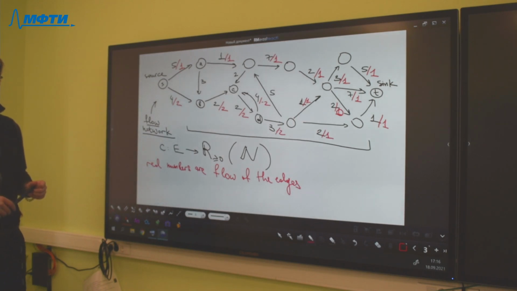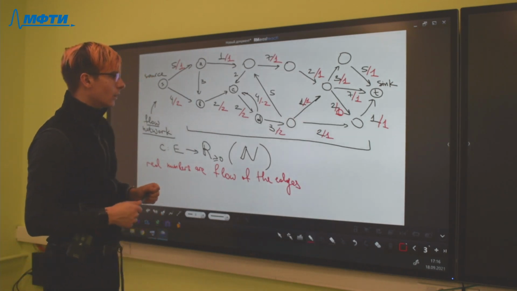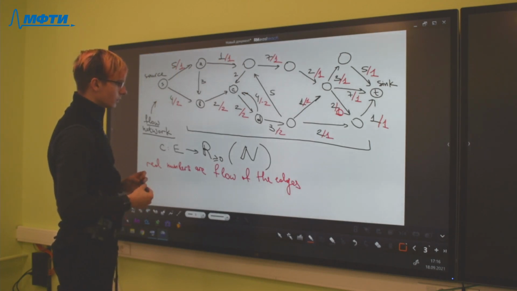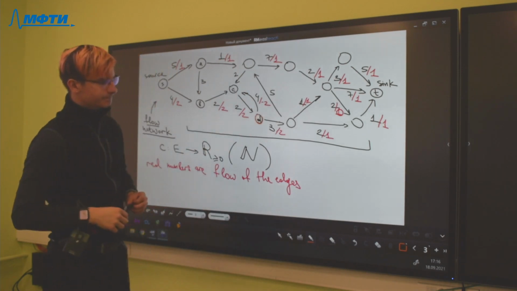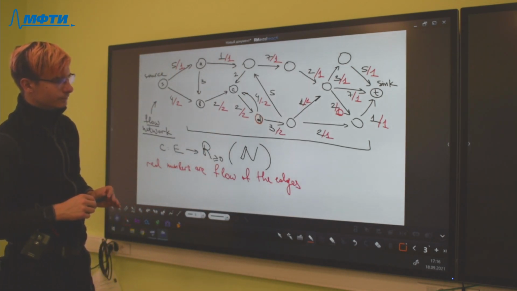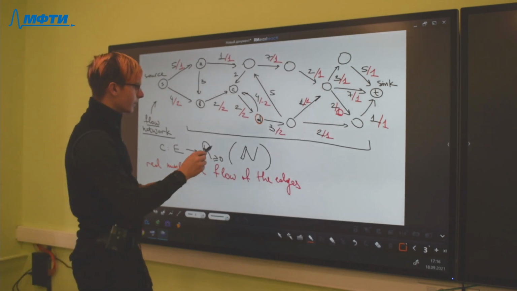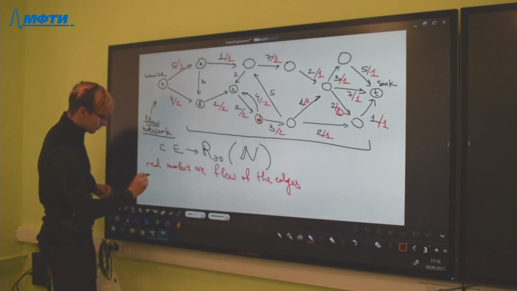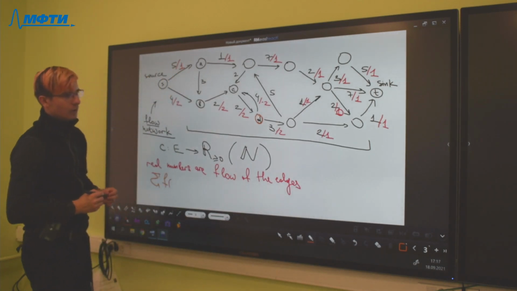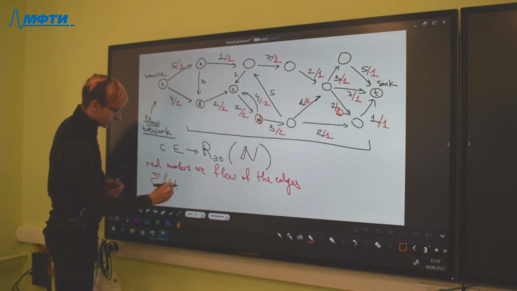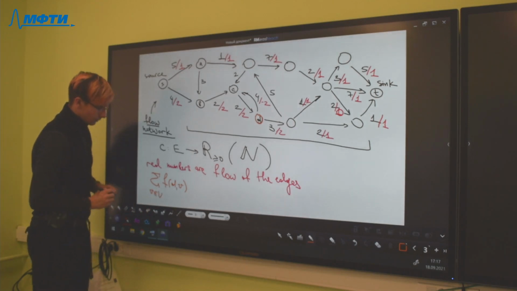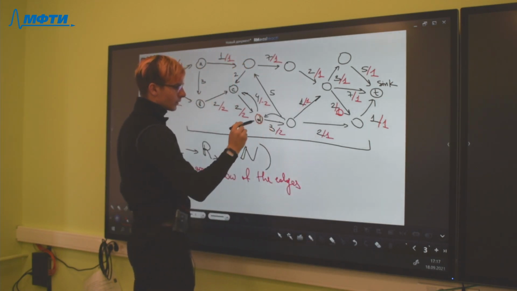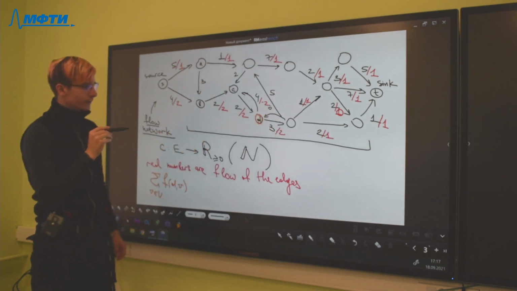Or for example, conservation. For D, we say that the sum of flows that start in D and end in V. For example, here we can say that this edge has capacity equal to 0 and so flow equal to -2.